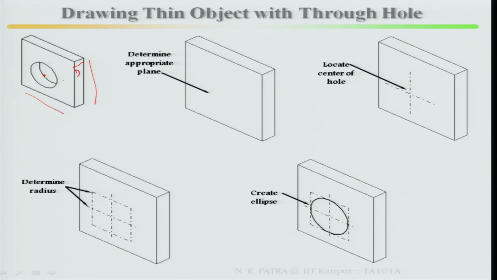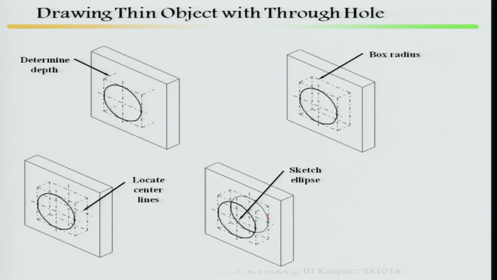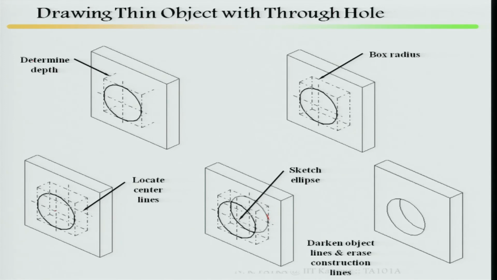That means this is your isometric view, so not necessarily can you see the inside altogether. So I draw this with a thick line, this is my first ellipse, then the second ellipse inside this ellipse, and the rest of this part you can remove.